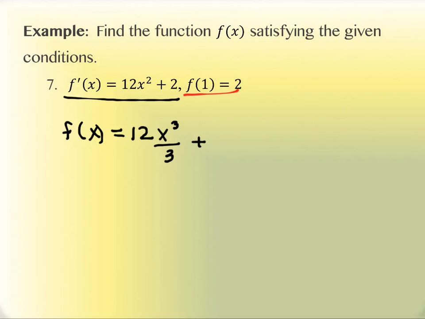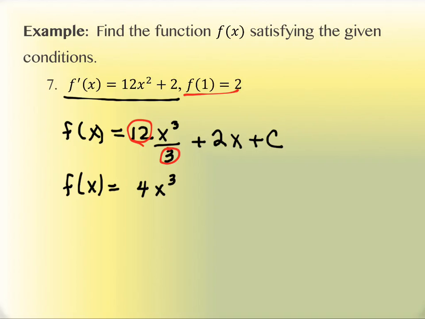That would become 2x. And then I need to do one more thing, plus c. There's one step to simplify on this. What can I simplify? The 12 and the 3. These two reduce to become the number... Don't everybody say it at once. All right, 4, thank you, yes. 4x cubed plus my 2x plus my c.